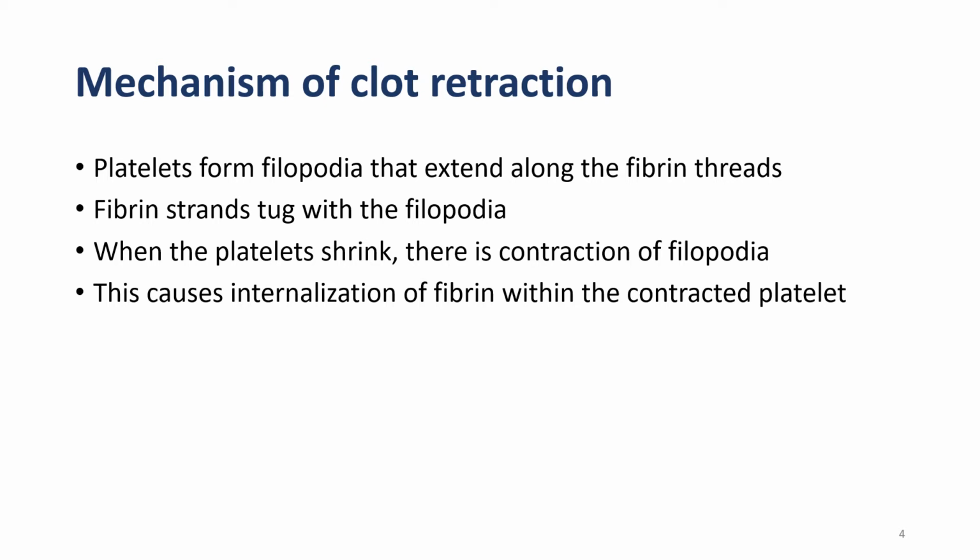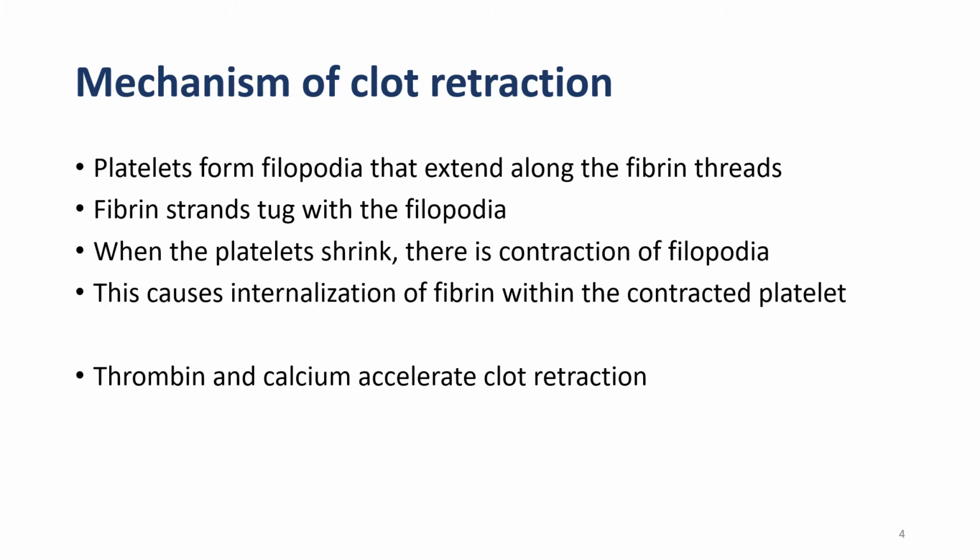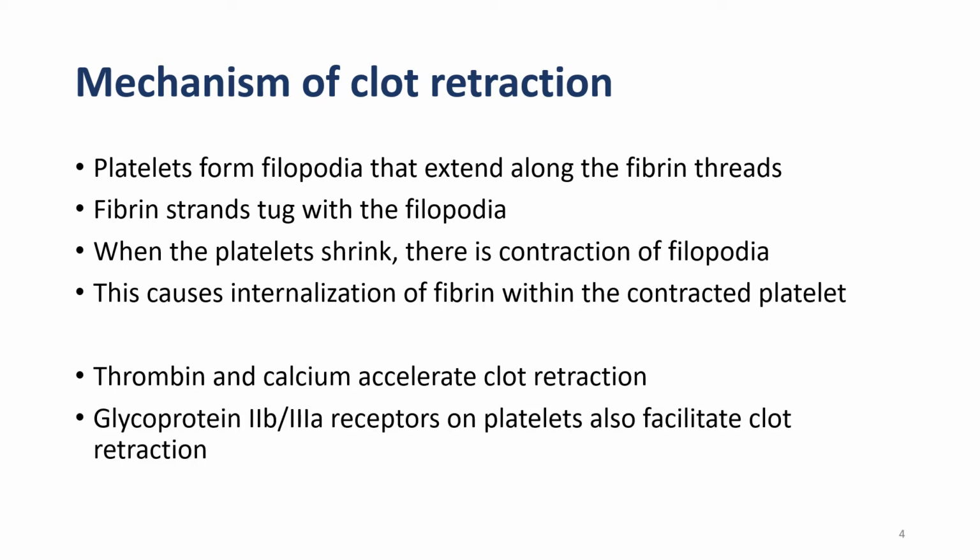Now you can represent this as a flowchart also. The next point is that thrombin and calcium accelerate clot retraction, and glycoprotein IIb/IIIa receptors, which are on the surface of the platelets, facilitate clot retraction.